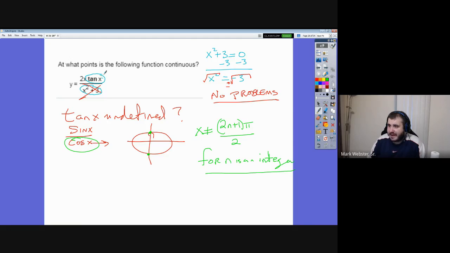We come back for the tangent of x, and we say, all right, well, tangent is undefined where cosine is 0. And that's the pi over 2 parts, the pi over 2, the 3 pi over 2, the 5 pi over 2, the 7 pi over 2. And so we write it like this. Odd pi over 2. And that's all.